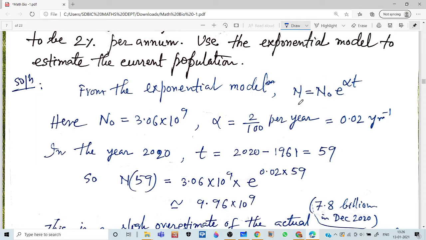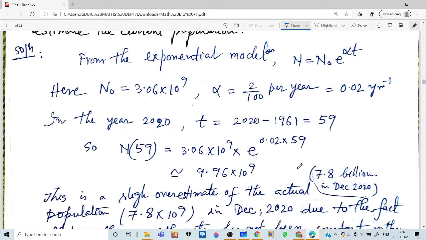So n after the time interval of 59 years is n0 into exponential e to the power alpha, equal to 0.02, into t, here 59 years. So this equals 9.96 into 10 to the power 9.